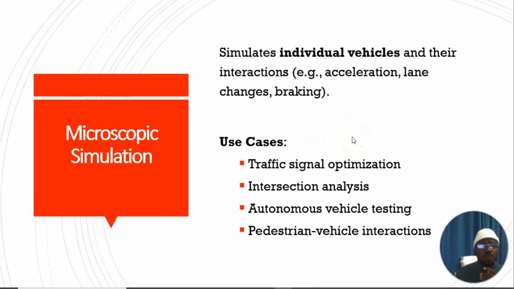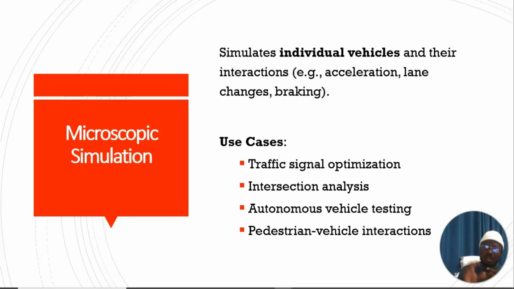Looking into the first one, which is the microscopic simulation, like I explained, it simulates individual vehicles. It focuses on individual vehicles and the interaction between individual vehicles, taking a look at the acceleration, the characteristics, the lane changes, the braking, and the way it works within the simulation flow.